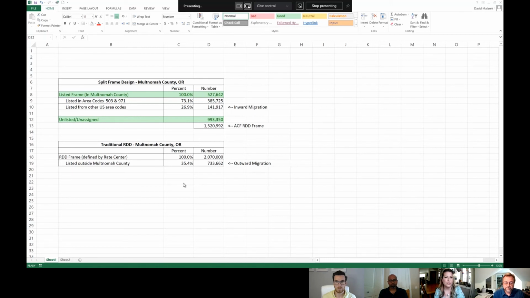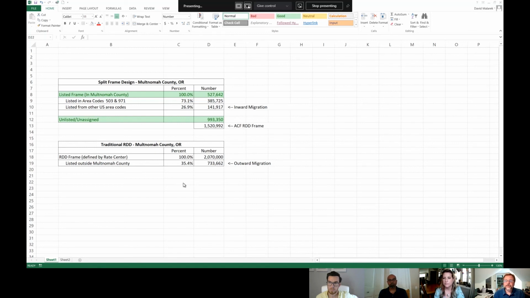Is that figure even higher for the inward and outward migrations for a smaller geography than a county, especially urban areas? You would definitely see way more inward and outward migration at a lower level geography that has a lot of inward and outward movement naturally. That's correct, because rate centers tend to be fairly large.